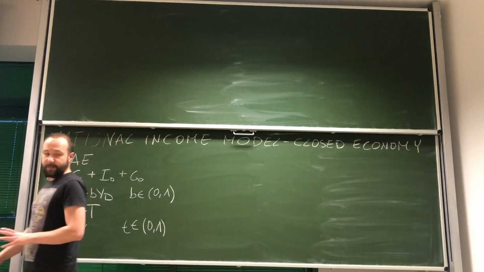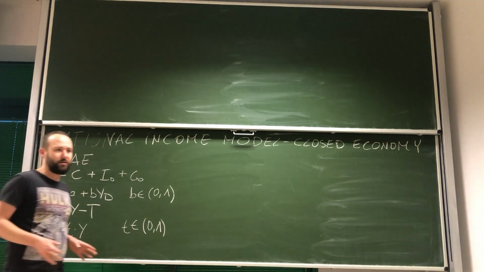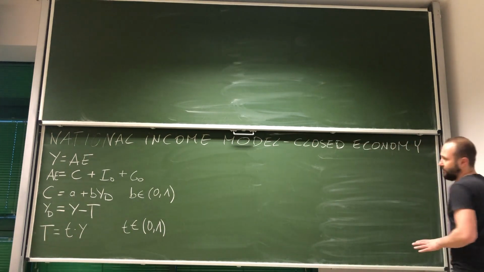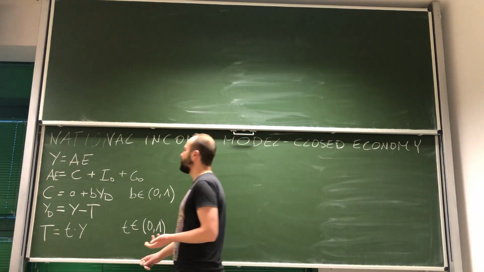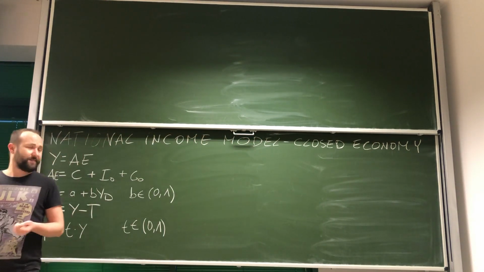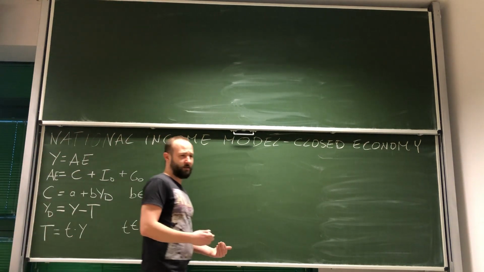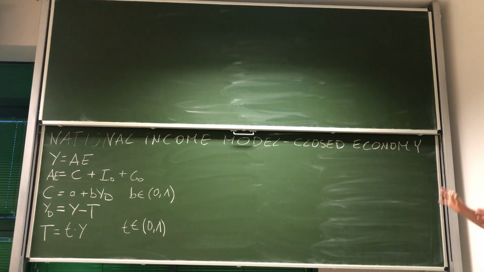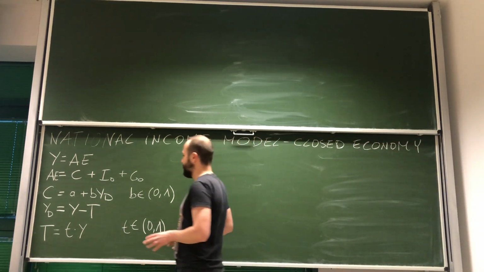Of course, this is a Keynesian national income model that you are going to be doing in very much detail during your Introduction to Macroeconomics class. However, because probably at this moment you haven't done it, I'm going to start by explaining what are the components of this model.